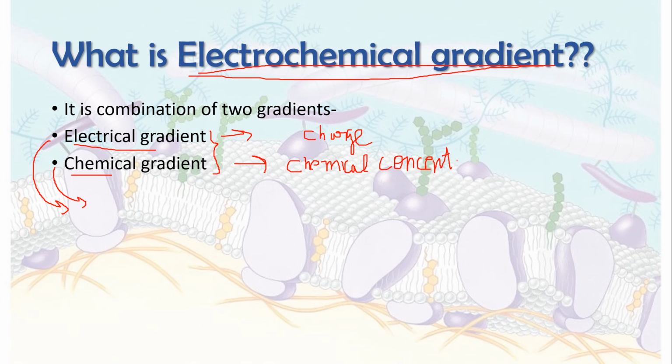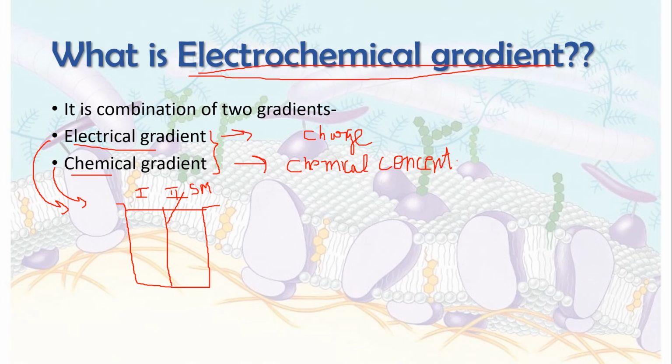So suppose we take a jar, and we separate this jar with a semi-permeable membrane. This is the semi-permeable membrane. It forms two columns, column first and column second.